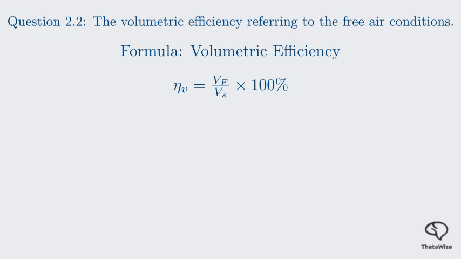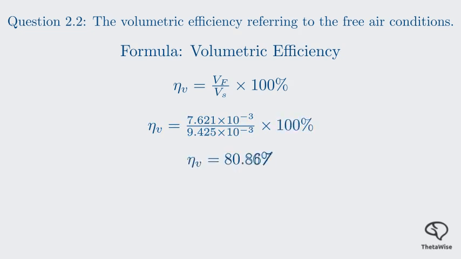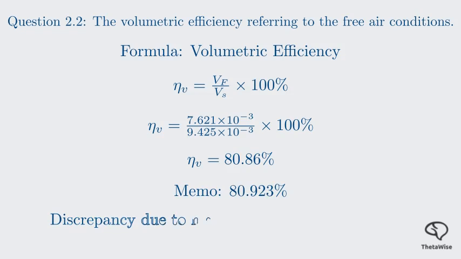We have already calculated both of these values. Substituting our values, the volumetric efficiency is 7.621 times 10 to the negative 3, divided by 9.425 times 10 to the negative 3, and then multiplied by 100%. This gives us 80.86%. The memo has 80.923%. Again, this small discrepancy is due to the memo using a less precise value for FAD in their previous calculation.